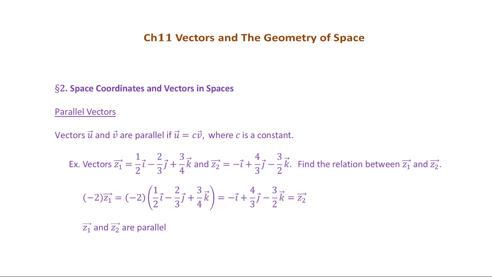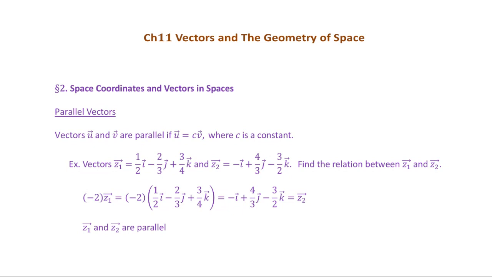So let's say we have two vectors, z1 equals 1/2 i minus 2/3 j plus 3/4 k. So that's in the unit vector components. And then there's another vector z2, which is -i plus 4/3 j minus 3/2 k.